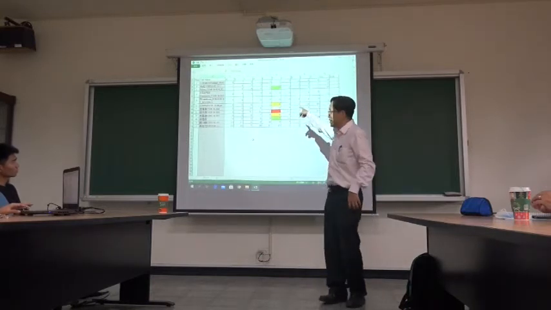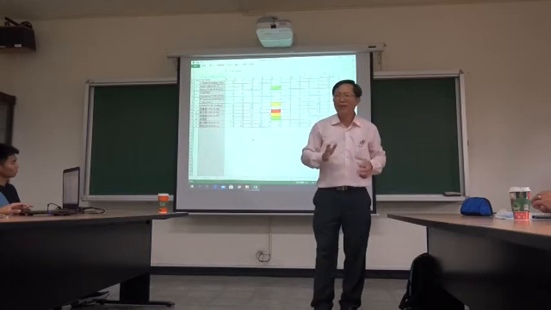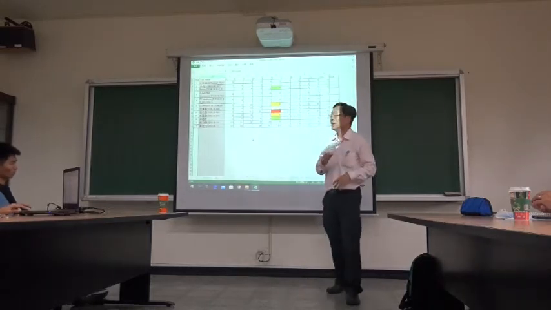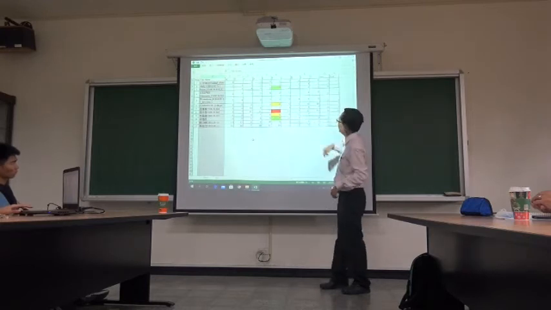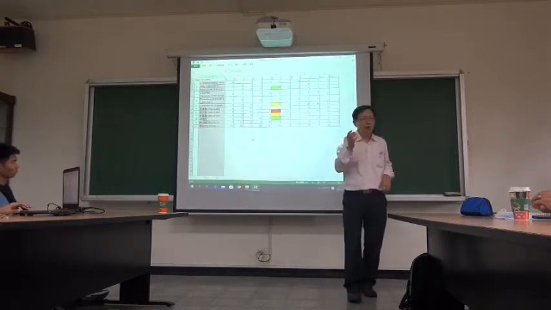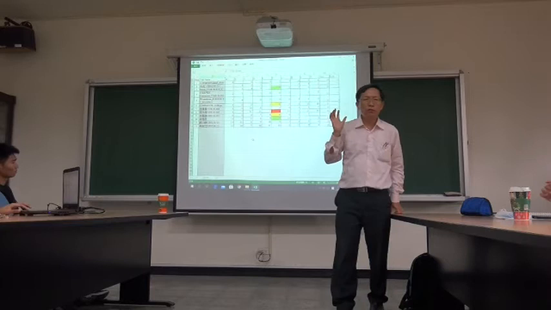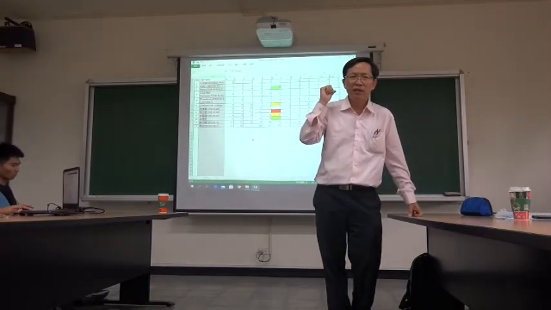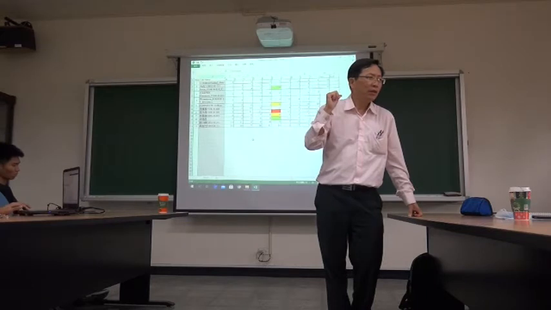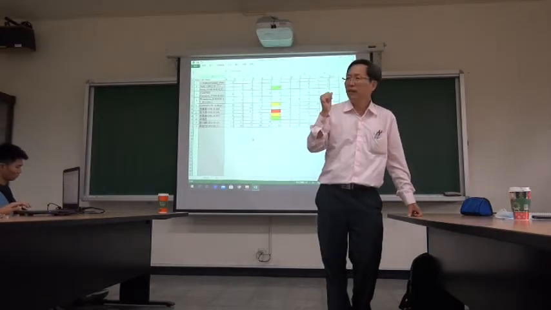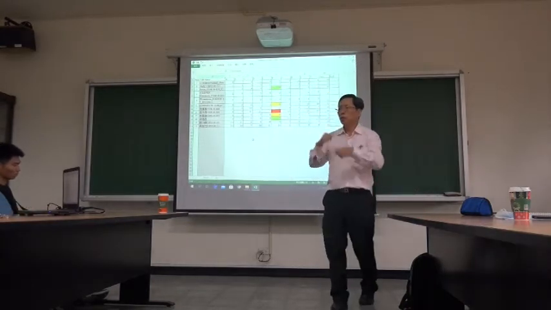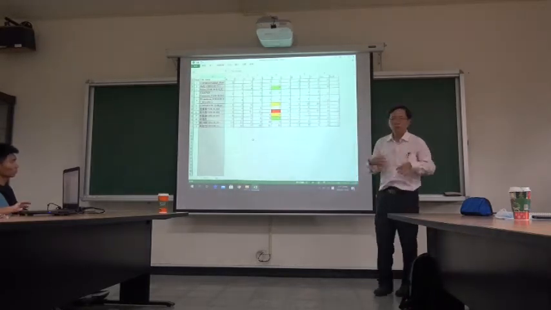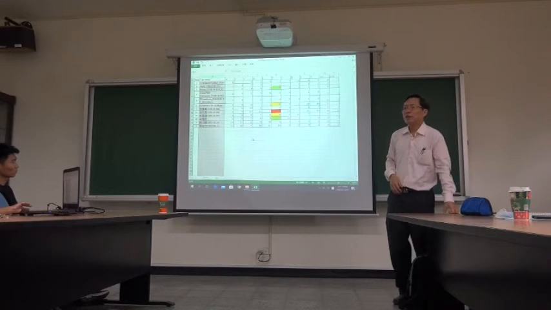This is small data, but we can also learn from it. What we want to practice is: you see this number, what is the physical or statistical meaning behind it? That's what I want you to read and comment on.